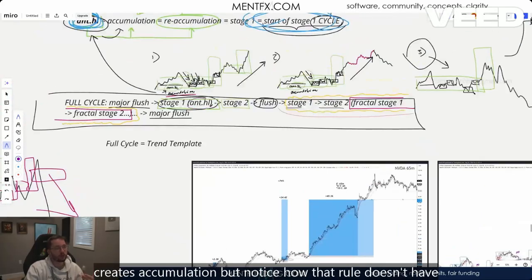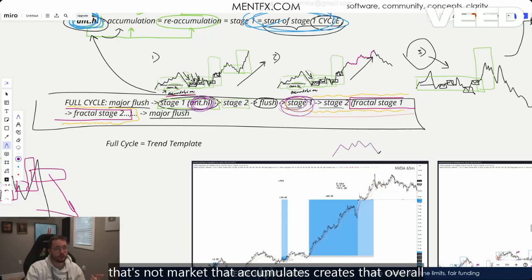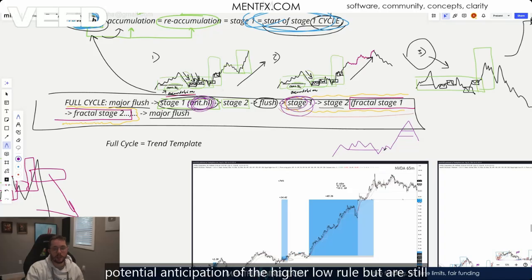But notice how that rule doesn't have to occur specifically for a market to be tradable or in a good condition, because sometimes you might get a market that accumulates, creates that overall anticipation of the higher low rule, starts a move, and then you might get big flushes that don't necessarily meet a potential anticipation of the higher low rule, but are still very much valid to be traded. And all of a sudden, you get beautiful entries that lead to huge gains, right?